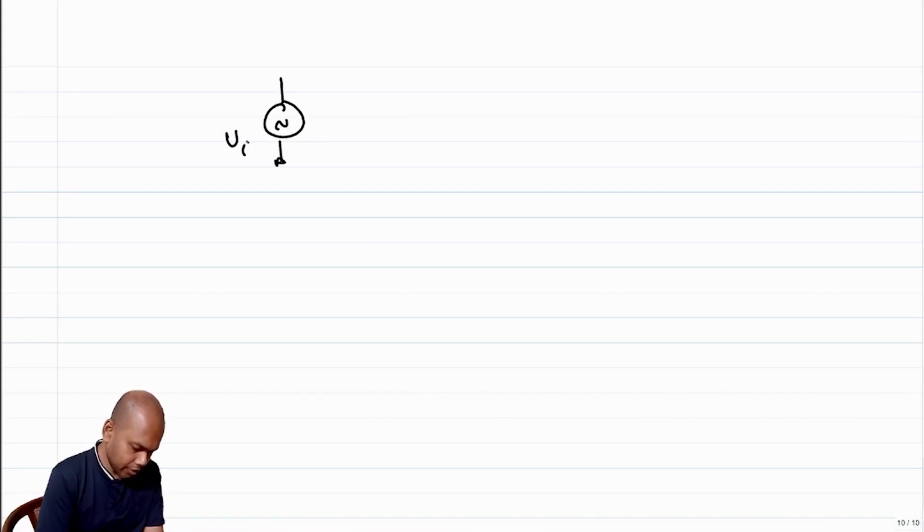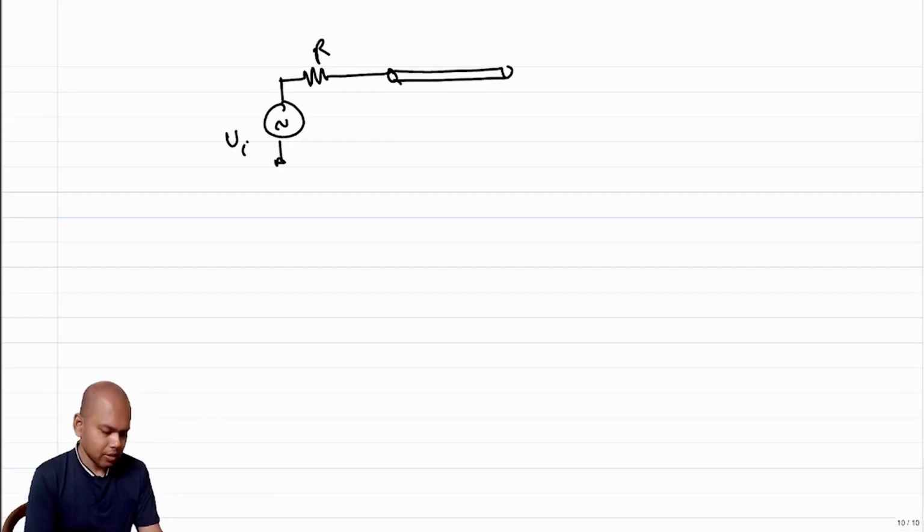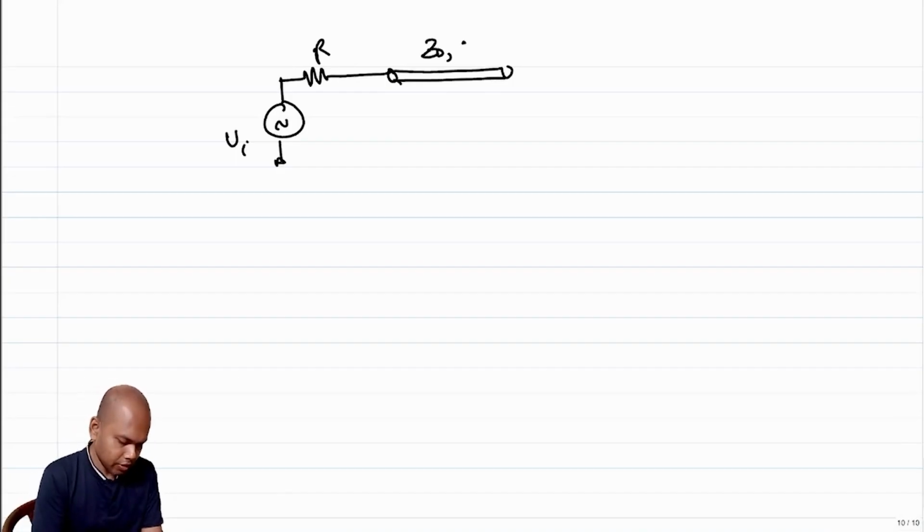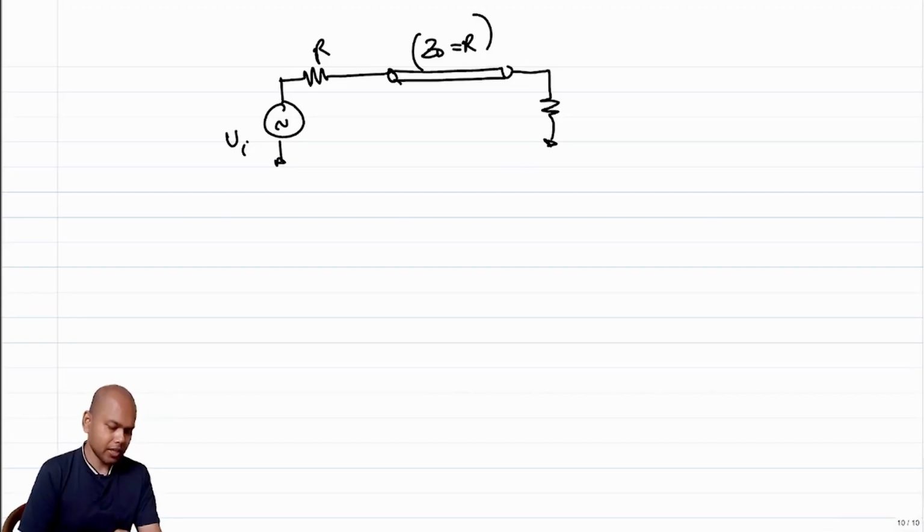Let's say this is my input, I have a resistance R, connected to a transmission line of Z0, which is equal to R. And consider the setup in which I have some load, which is RL.